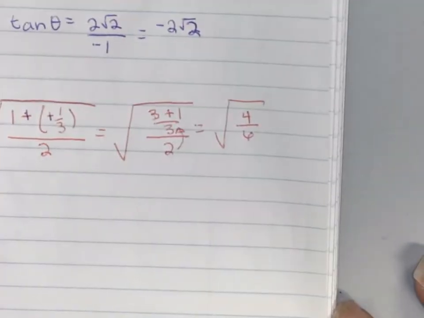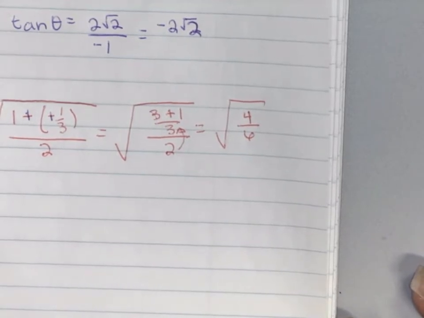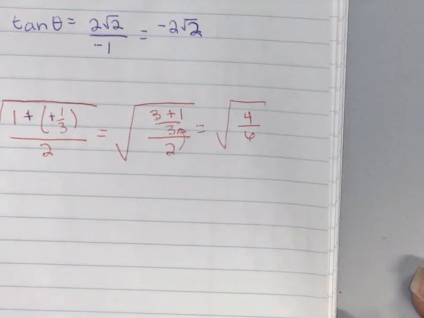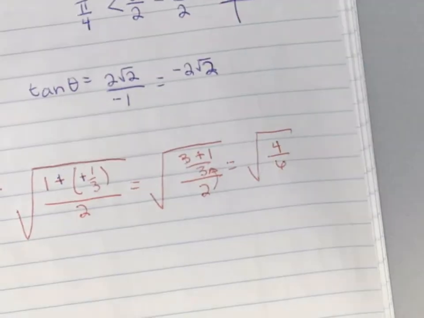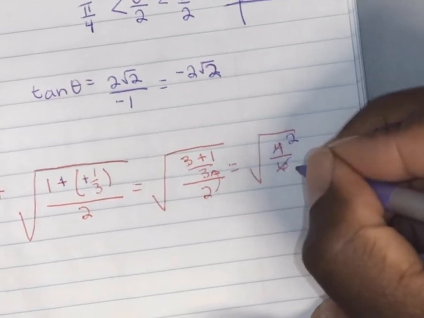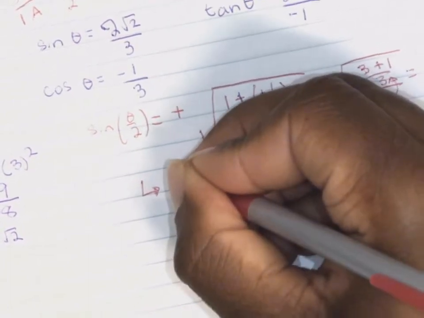I could reduce this now. I also could do the square root of 4. Let's see, what do I want to do? If I had square root of 6, let's just go ahead and reduce it. So I can divide both of these numbers by 2, and that would give me 2 over 3. So square root of 2 over square root of 3.